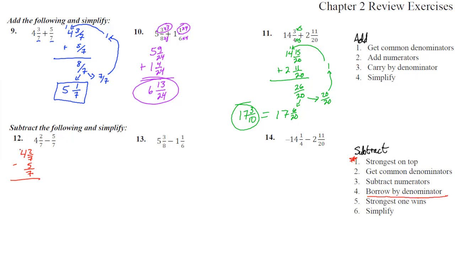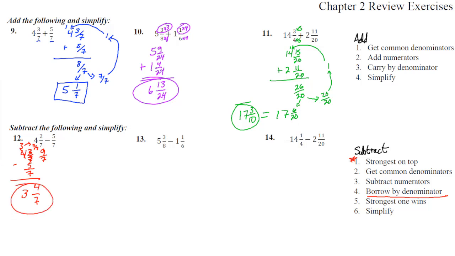So we're going to take away from there, and that will put 7/7 over here, which will make it 9/7. Excellent. So 9/7 minus 5/7 is 4/7. 3 minus 0 is 3. And strongest one wins, was positive. We're good to go.